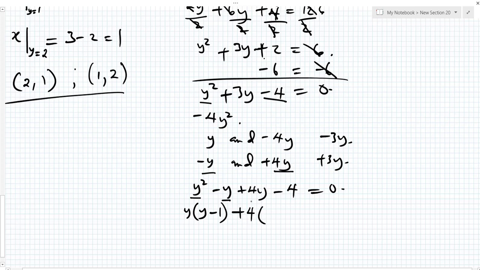If you divide plus 4y by plus 4, you have plus y. If you divide minus 4 by plus 4, you have minus 1.